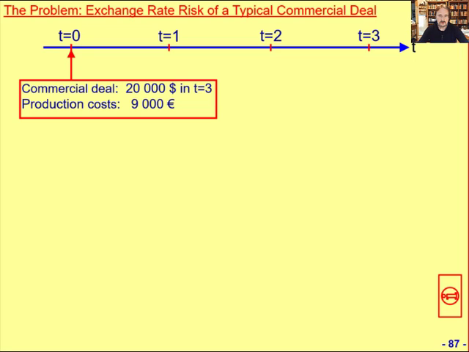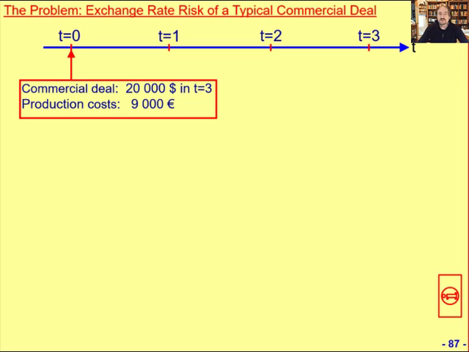Since the car producer produces the cars in the euro area, the production costs must typically be paid in euro. So as a result, we have a currency discrepancy. The revenue will come in dollar, while the costs have to be paid in euro.